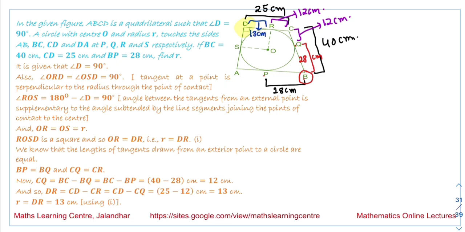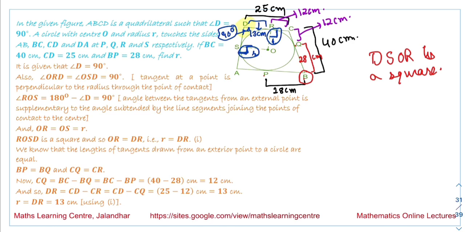Now if we look at this figure over here, the angle at R is 90 degree, the angle at S is 90 degree, and the angle at D is 90 degree, this is given to us. These two are radii over here, so that is why these two angles are of measure 90 degree. This angle is 90 degree, it is given to us. It means this figure DSOR is a square. Why is it a square? Because the angles are of measure 90 degree, it is a rectangle.